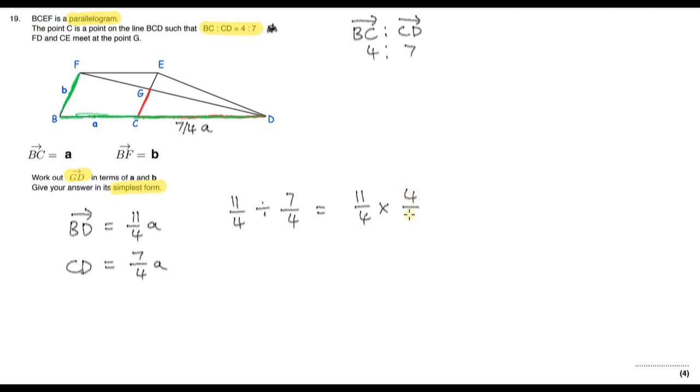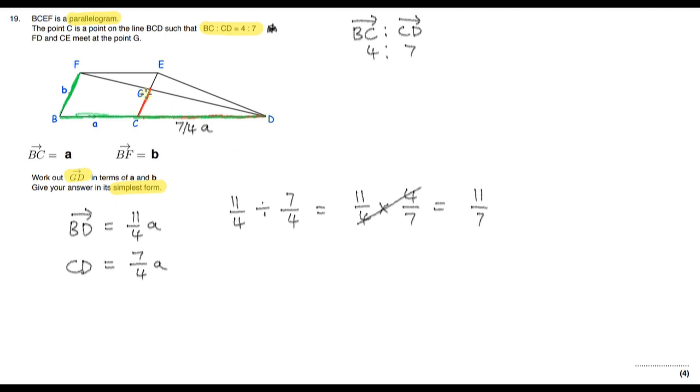So multiply by 4/7, and the 4s cancel, so that's going to be 11/7. So we know that the green side lengths are 11/7 times bigger than the red side lengths. Or another way we could say it is that the red side lengths are 7/11 times the green ones, or how am I trying to say this?